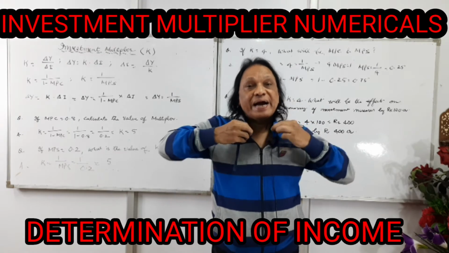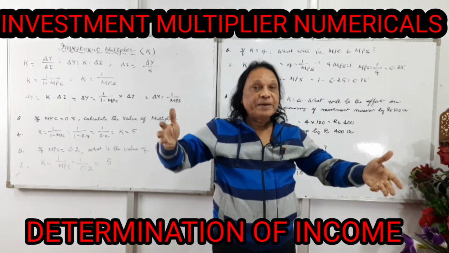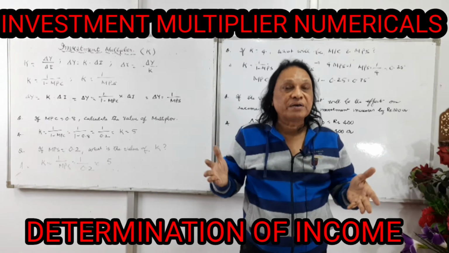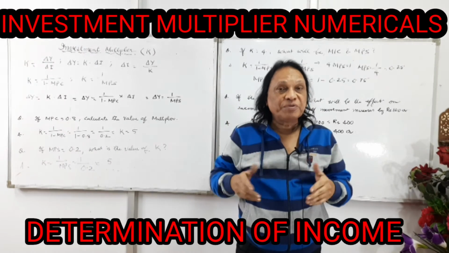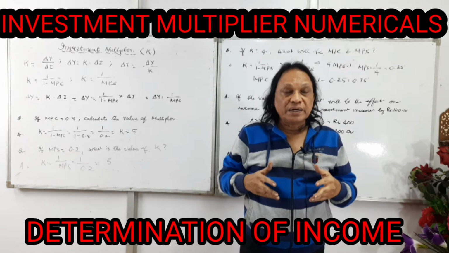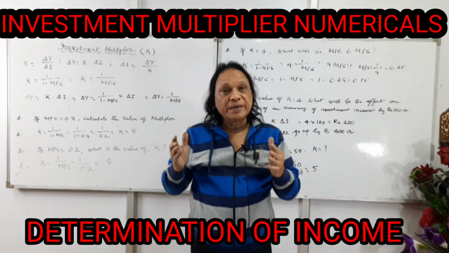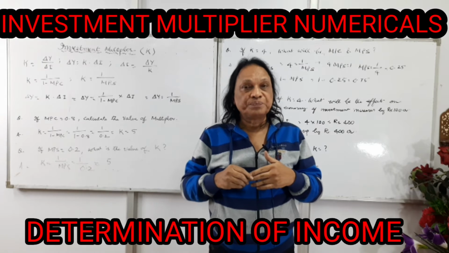If MPC is high, K will be high. If MPC is low, K will be low. And there is a relationship between K and MPS also.